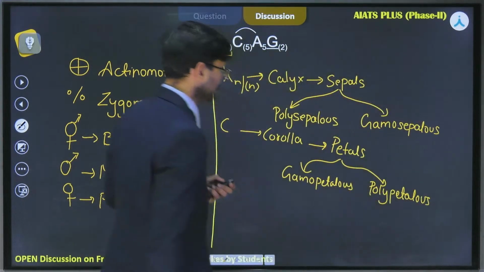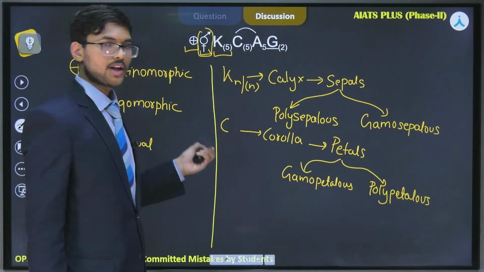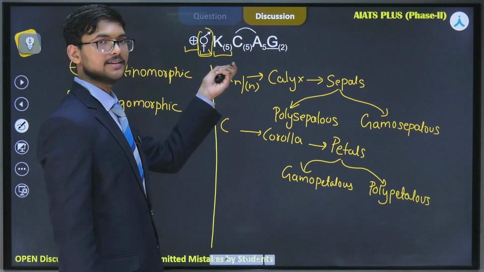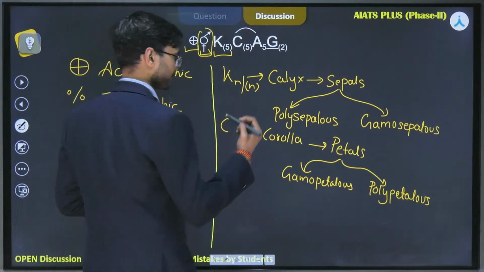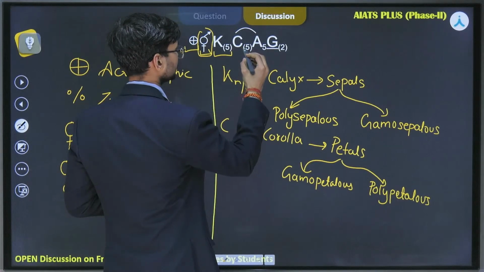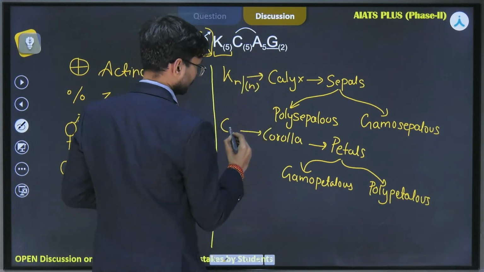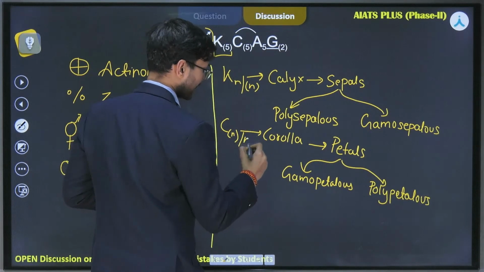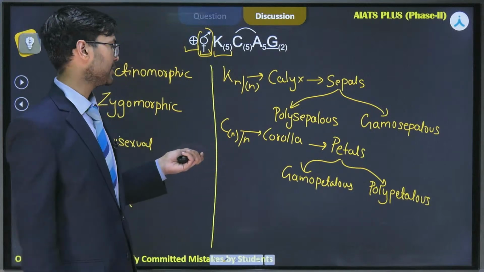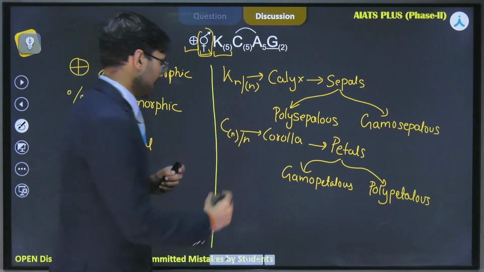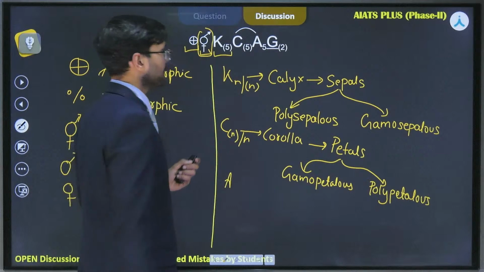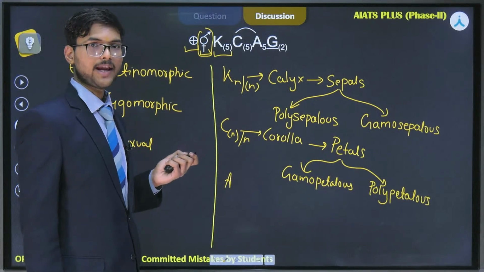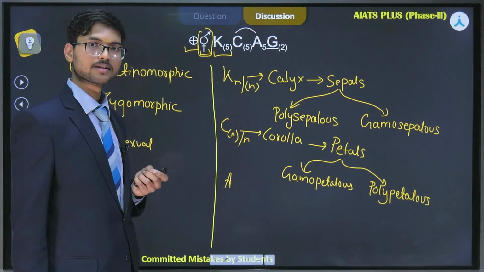Okay. So if I am saying a corolla is here, the condition is gamopetalous. Okay. So the representation will be like this, and if it is poly, then the representation will be like this.